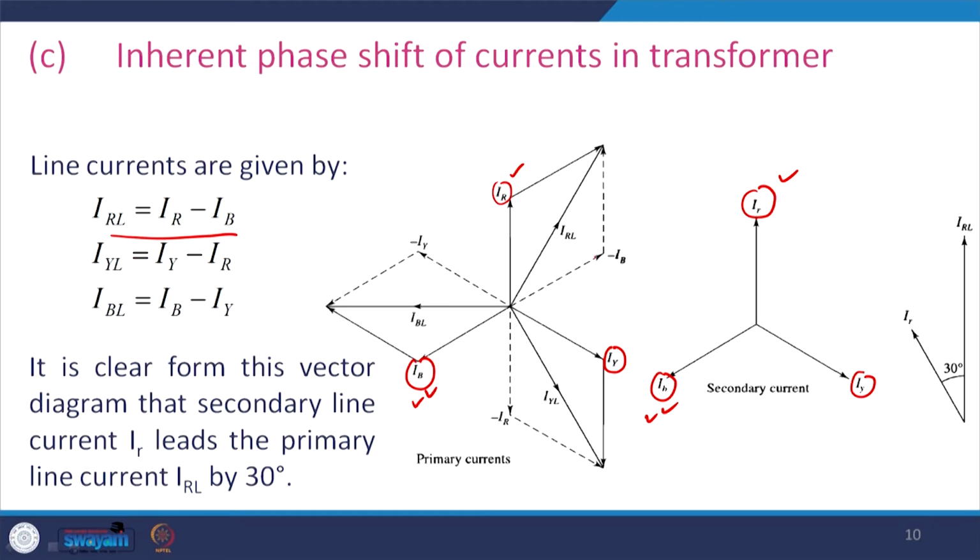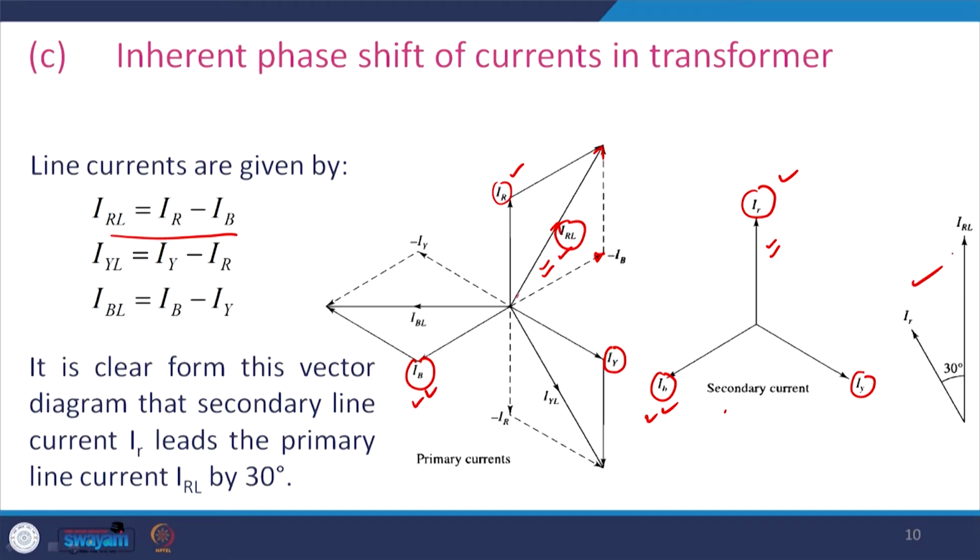If I extend this, your minus IB is here, and if you add this to IR, you will get the value of IRL here. If I compare this capital IRL and the small IR, these two points, you can see that there is a phase shift between these two.